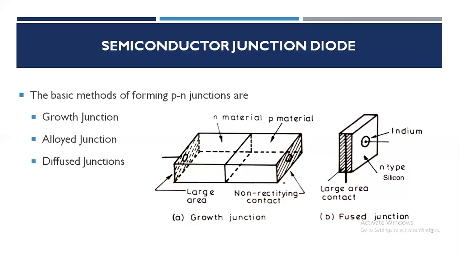The fused junction diode is prepared by placing a small sphere or dot of indium on a wafer of n-type silicon. As shown in the figure, you can see one dot of indium on the n-type silicon material.